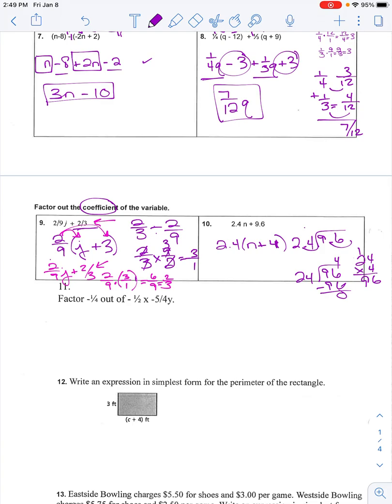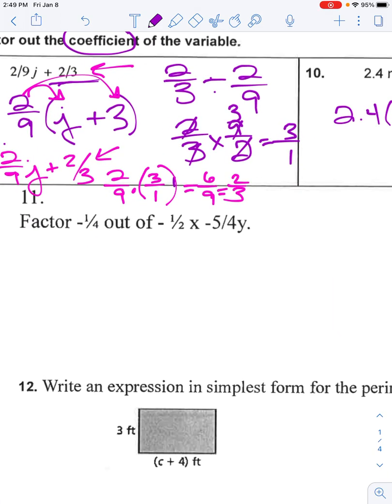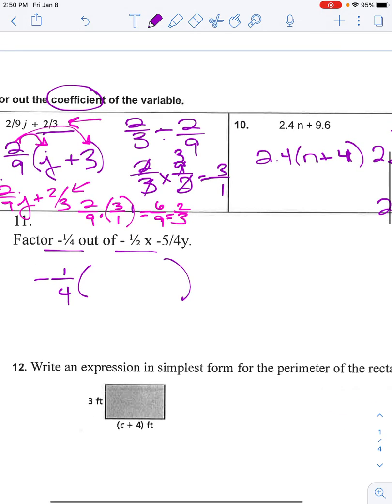Here's another one, but instead of factoring out the coefficient, now we're going to factor out a negative 1/4. Okay, so you must factor what they tell you. So we're factoring out a negative 1/4. We want a negative 1/2, so my first answer is going to be positive.